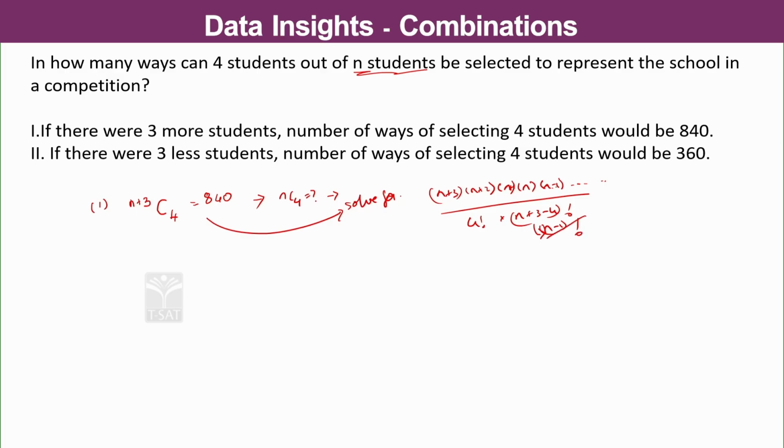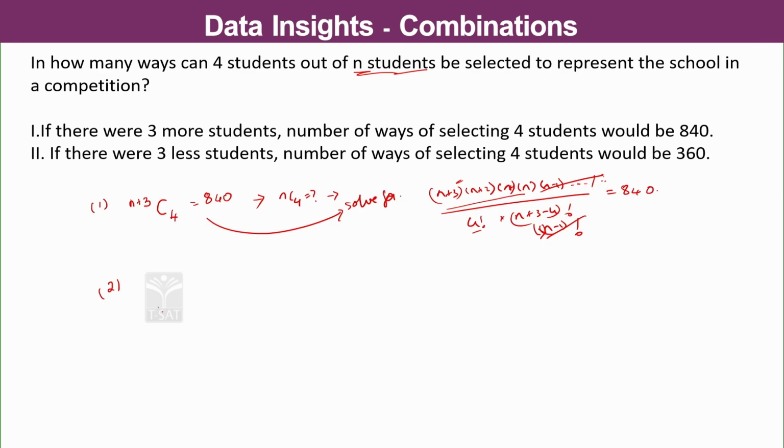You can cancel out everything and you will be left with an equation in just a single variable. By factorizing 840 into 4 factorial, you can check what the n value is. That is how you would go about it if you had to calculate, but here you don't need to calculate, so you can leave it at that and just say that this information is sufficient to answer the question.